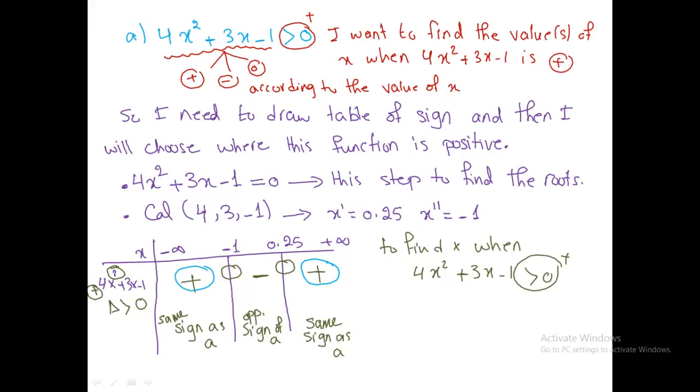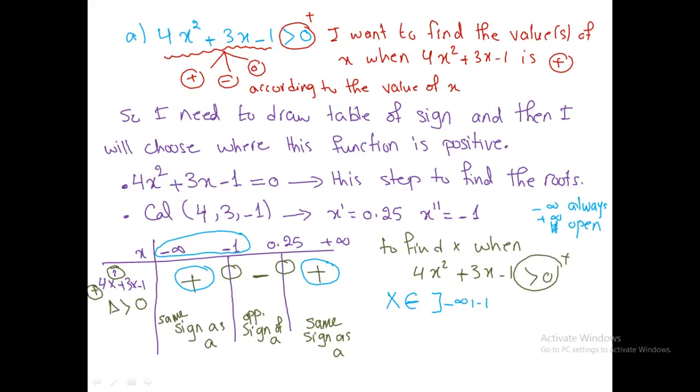So to solve, find x. So we say x belongs to: the first positive sign is here, from minus infinity to minus 1. At minus infinity, we have set minus infinity, plus infinity, and shaded always open interval, in all cases.